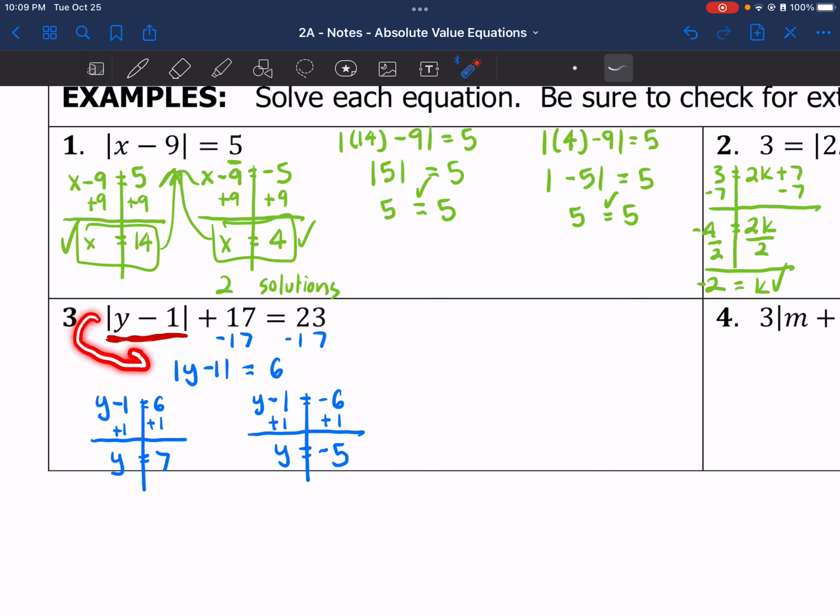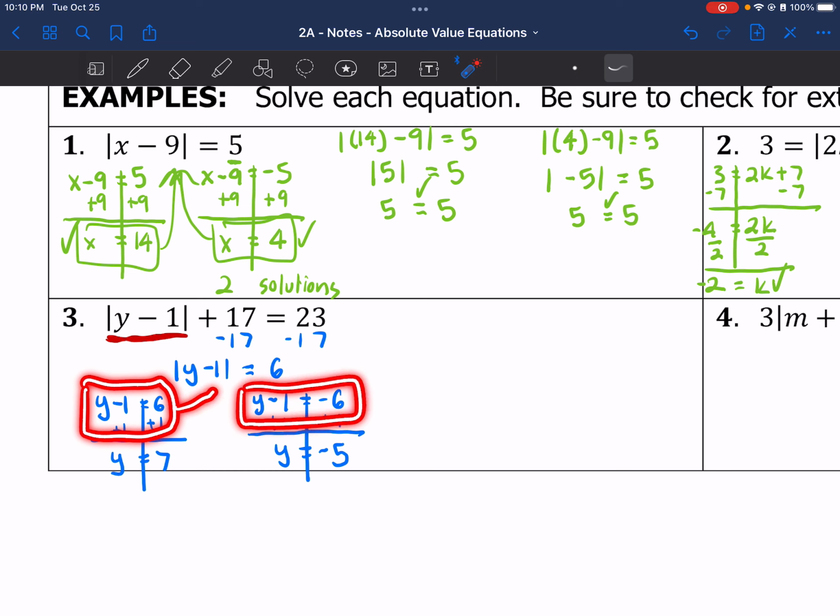This equation and these two equations are the same exact equations. The only difference is that we simplified it to isolate our absolute value expression. This equation and this equation are not the same as this equation right here.